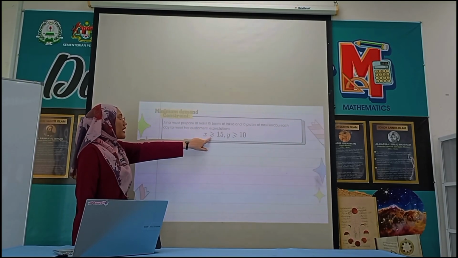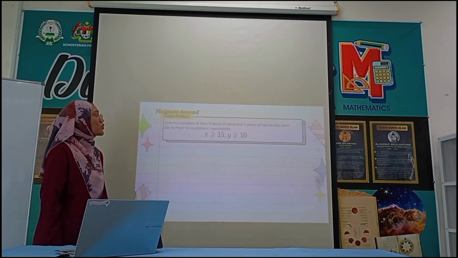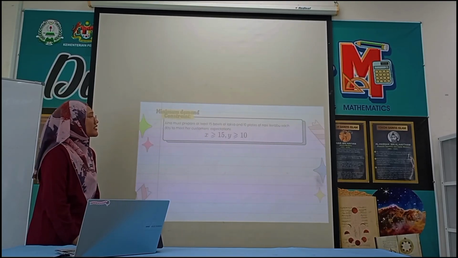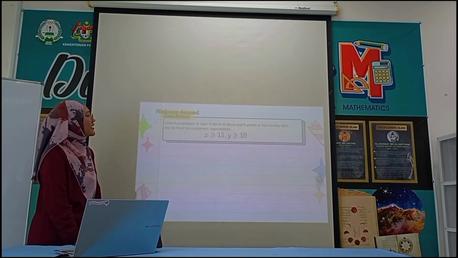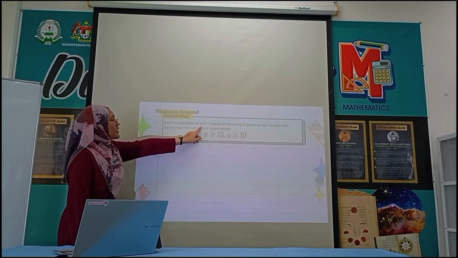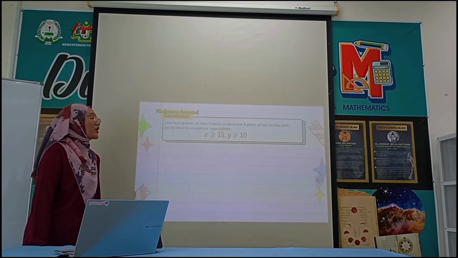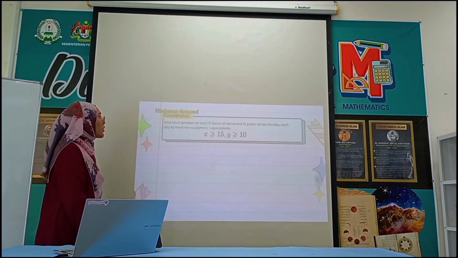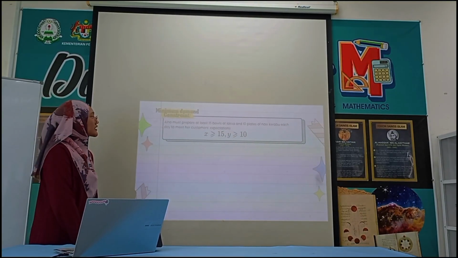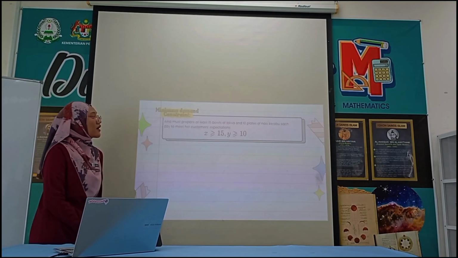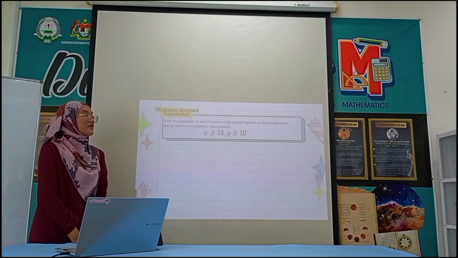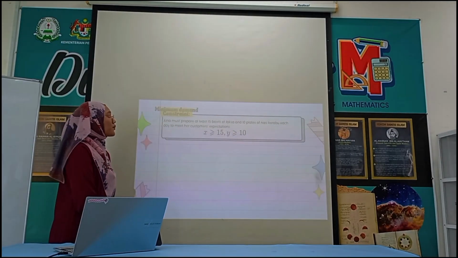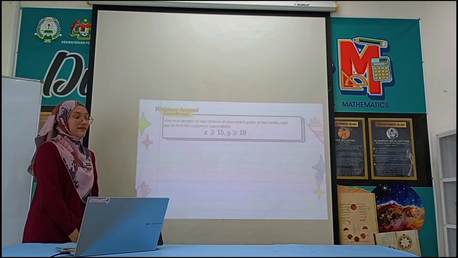So x is more than or equal to 15. Next, nasi kerabu is the same as laksa: at least, so we use more than or equal to. So the minimum demand constraint is x more than or equal to 15 and y more than or equal to 10.